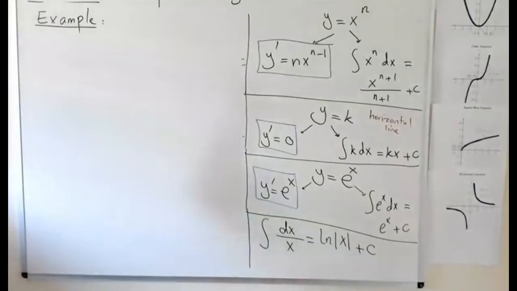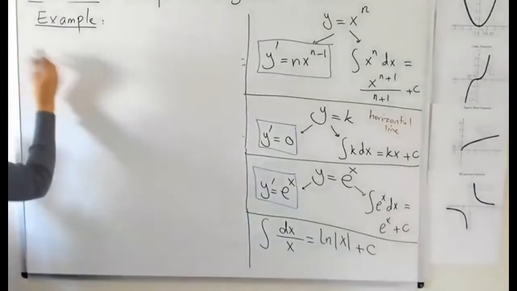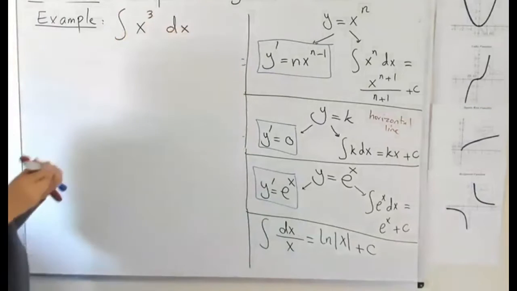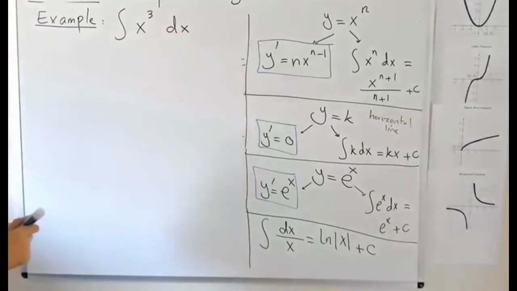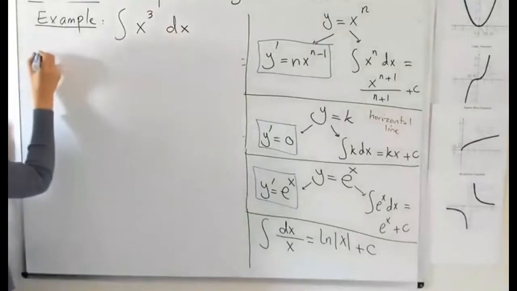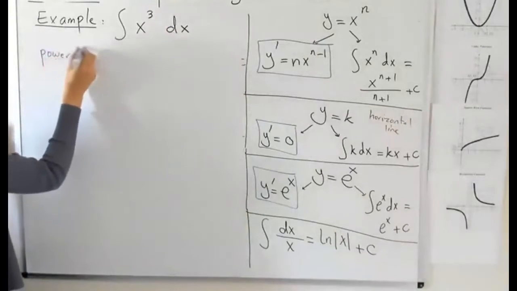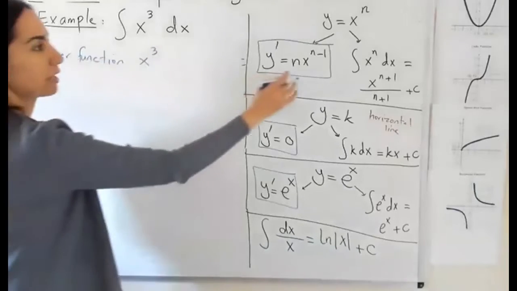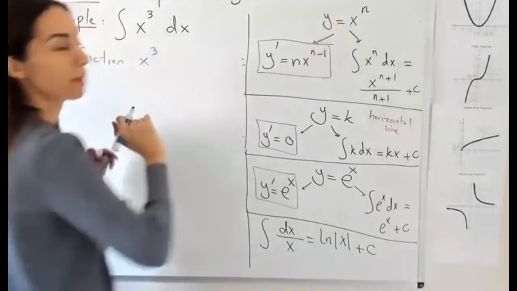Next example. In this example, you have the integral of x to the third dx. So what do we have here? Here we have a power function, x to the third, and we're following the formula for power function.